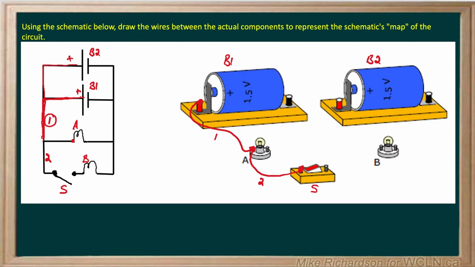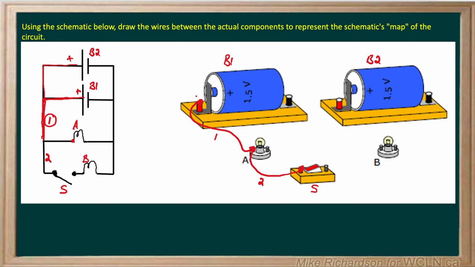Now if I go back to this battery, light bulb A also goes all the way to the positive terminal of battery 2. So I could take a wire and go from light bulb A and connect it all the way to the positive terminal of battery 2 as well. But that's generally not how you connect things in circuits. You generally want to make it as clean as possible. So we're going to put these two batteries in parallel.